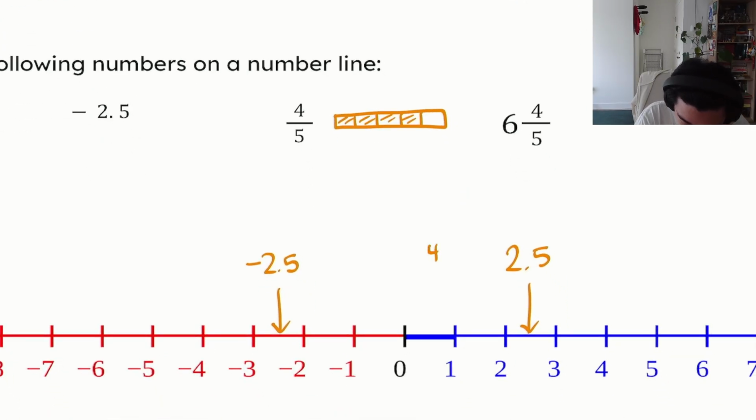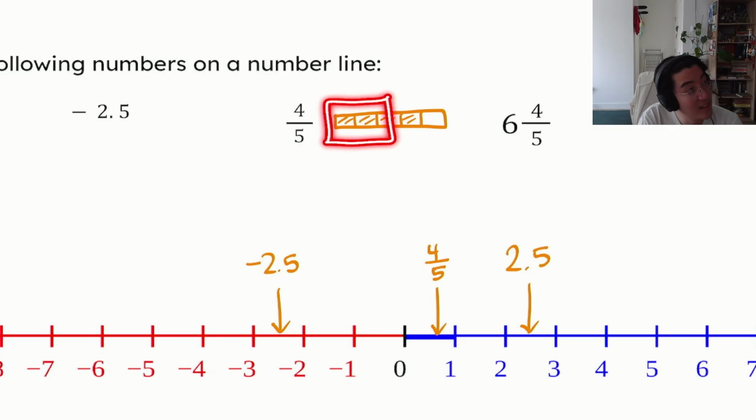So 4 over 5 is somewhere right here. Notice how it's closer to the 1 than the middle, because we know the middle is 0.5. If we have 5 parts, the middle will be somewhere here, but we have a little bit over here that's over the middle point.